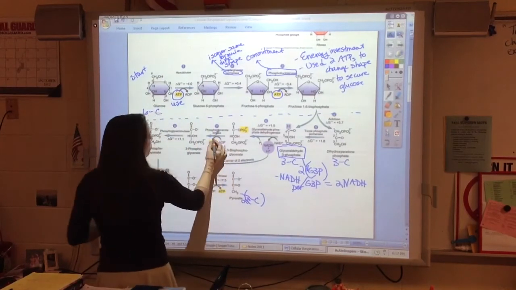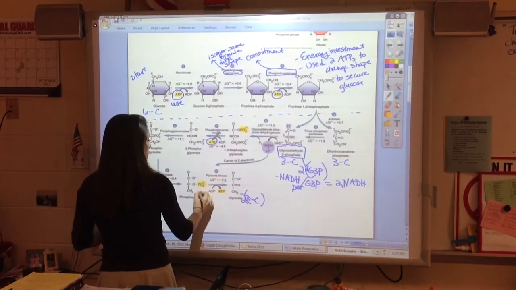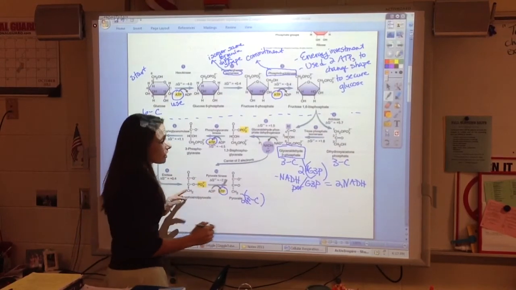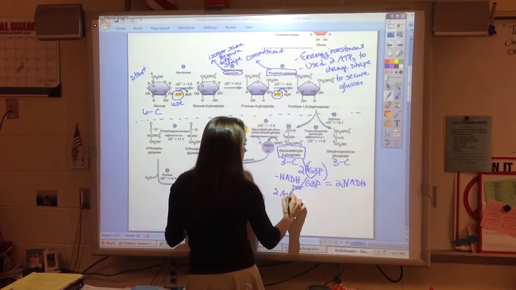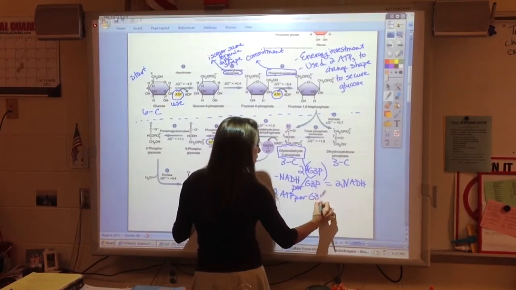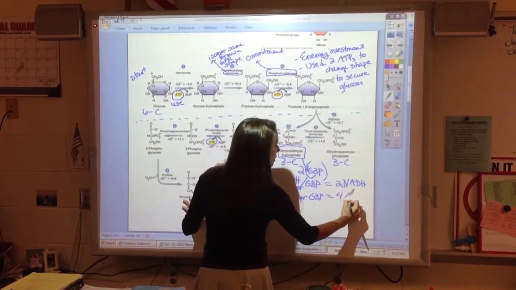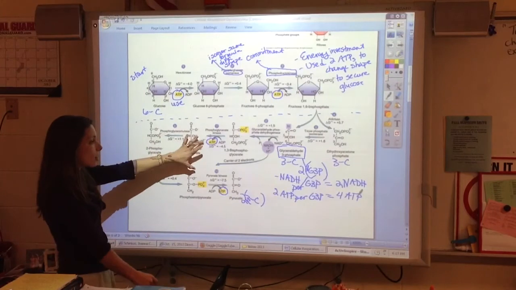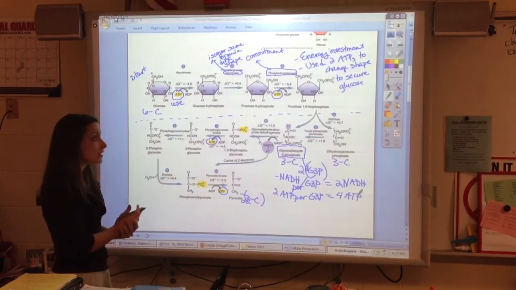We see that we actually get an ATP out and an ATP out, but keeping in mind, if that's 2 ATP per G3P, that's actually 4 ATP. We do need to take a second and talk about this formation of ATP.